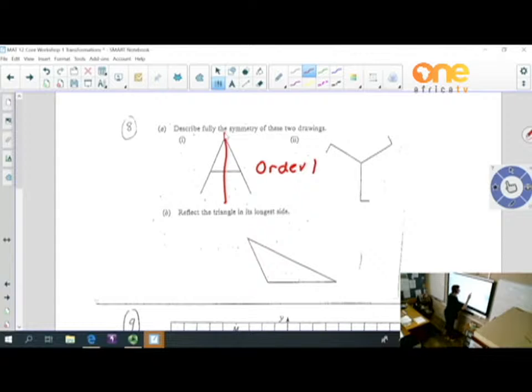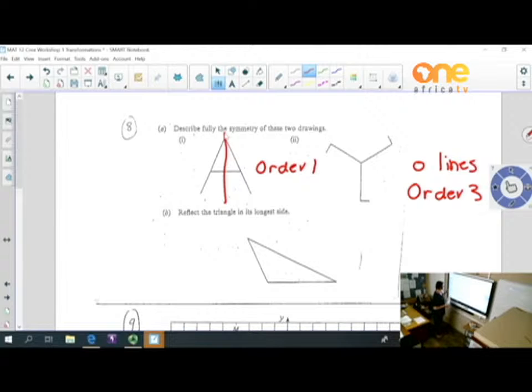Look at this one. Lines of symmetry, 0. And then order, how many times will this one be able to turn around? 3. Order, 3. Use your tracing paper if you're in doubt.